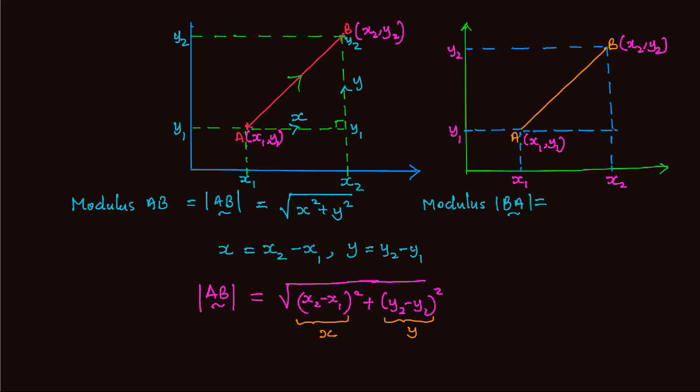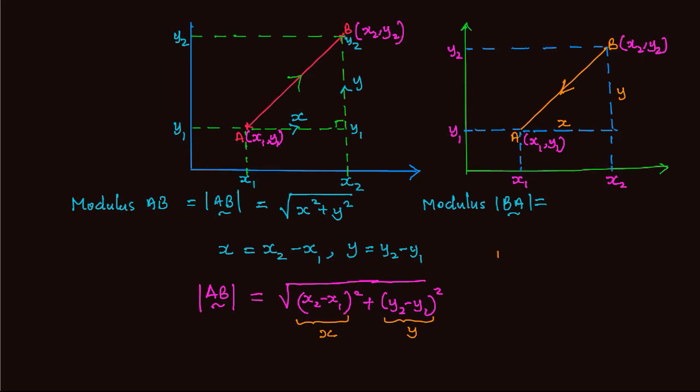In the second case, we have vector BA. The direction is reverse to the direction of AB. x1 minus x2 is still x, y1 minus y2 is still y.